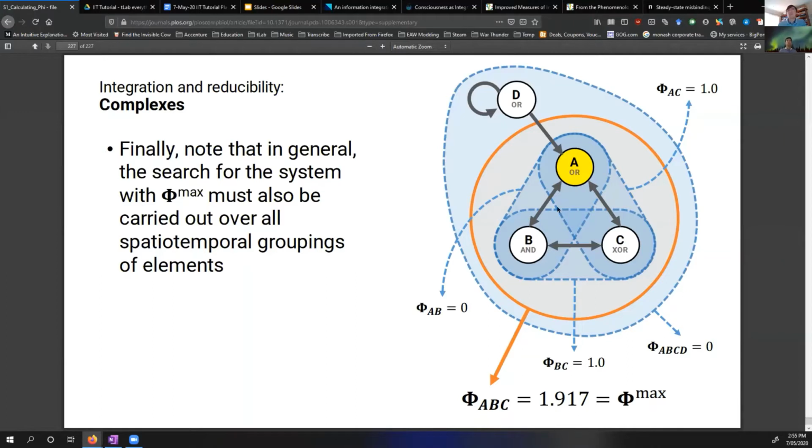And once again, at these groupings, you repeat the analysis. You build the cause effect structures and you find where big phi is maximal. And once you find across all spatiotemporal groupings and across all boundaries, the boundary and spatiotemporal grouping which gives you the maximum big phi is the one which is generating consciousness. And that's the end of these slides. So, yeah. Okay, thank you.